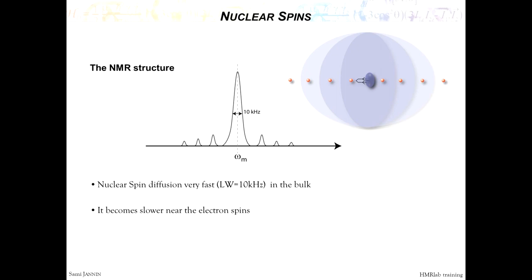So when you have kilohertz couplings, you have pretty fast nuclear spin diffusion, tens of nanometer lengths over seconds, but it becomes slower near the electron. And this can now be quantified a bit more accurately with the sequence that was developed, the HIPRES sequence.